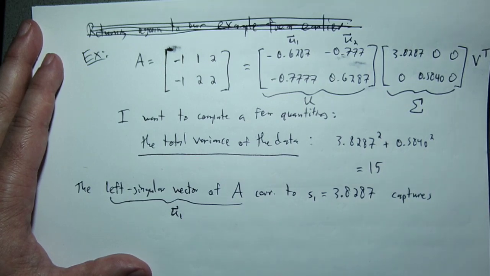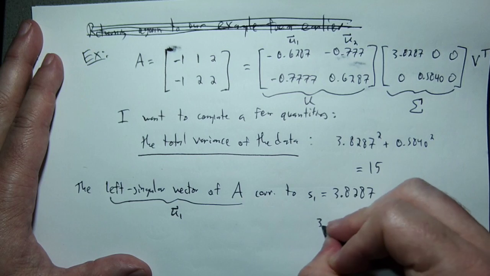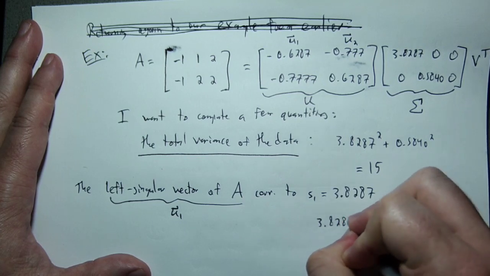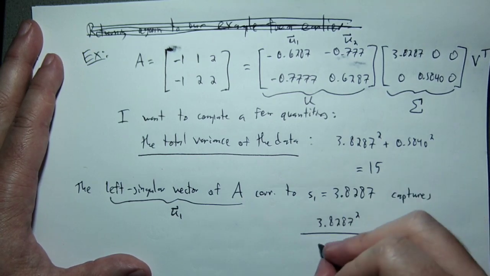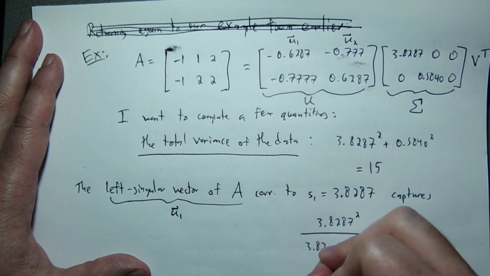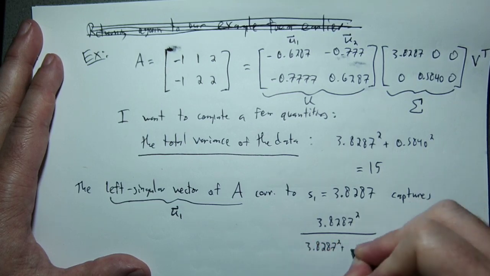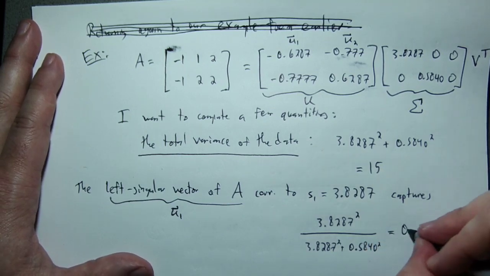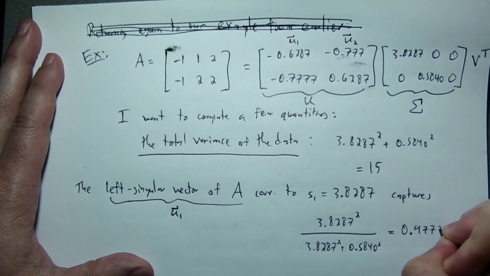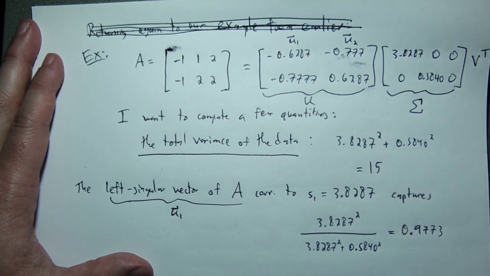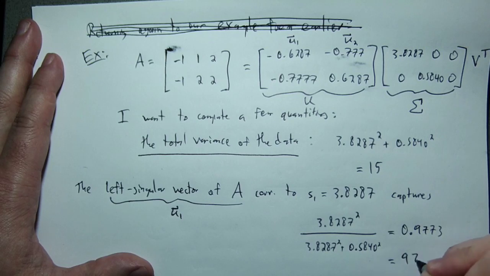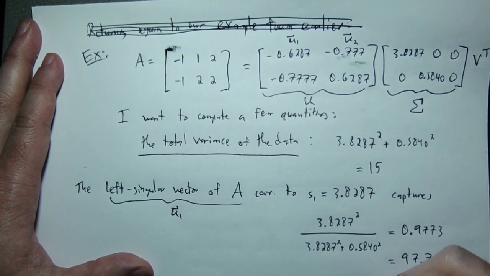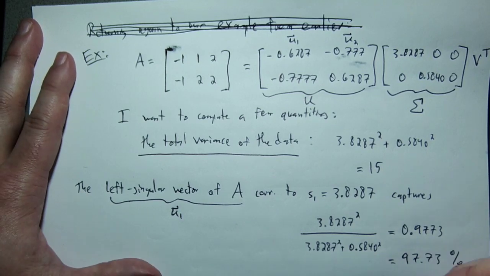So this captures 3.8287 squared divided by 3.8287 squared plus 0.5840 squared, which is 0.9773, or 97.73% of the total variance in the data.